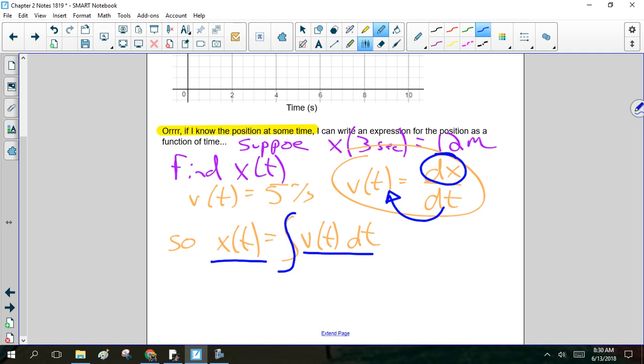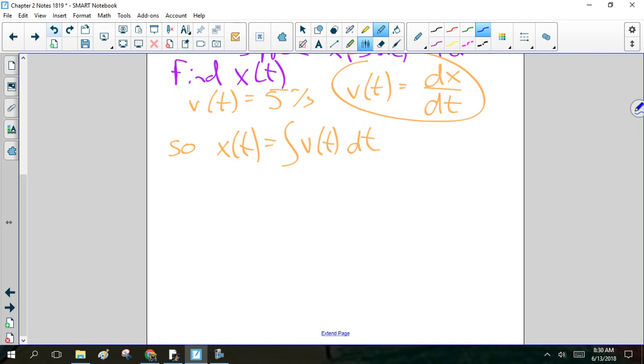All right, so let me clear up some ink here. So I want to integrate this mess, right? So notice this time this is an indefinite integral. So remember, when you do an indefinite integral, that's when you've got to do the stupid plus c thing, right? So our position at time t is the integral. V of t is just 5 dt.